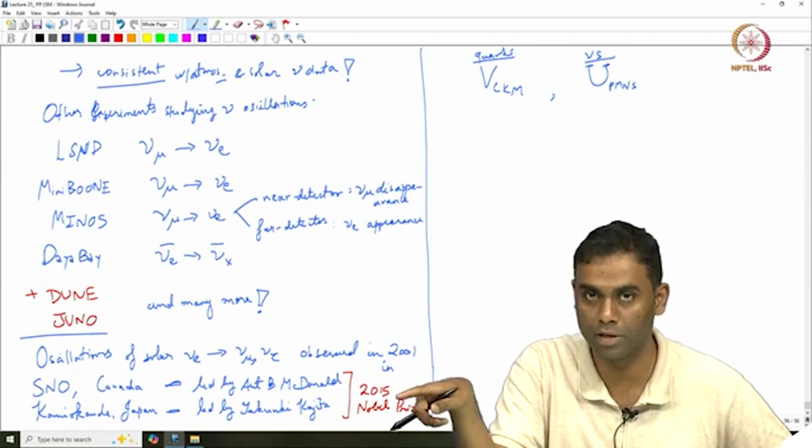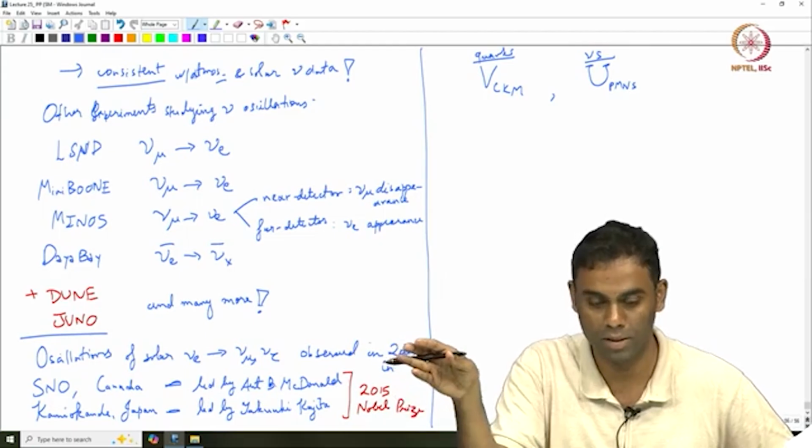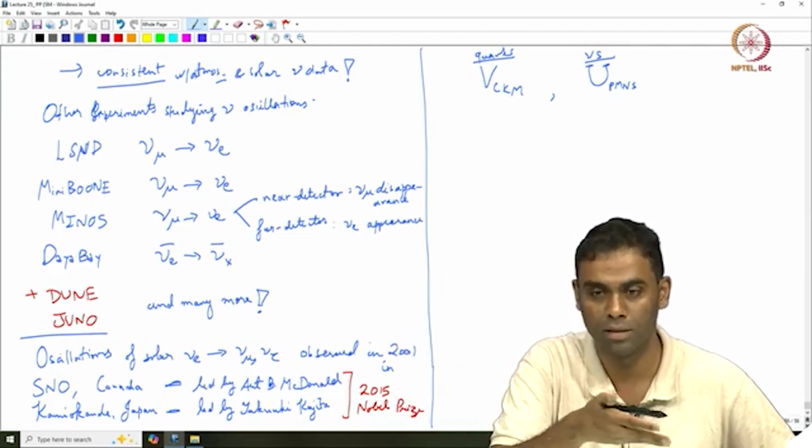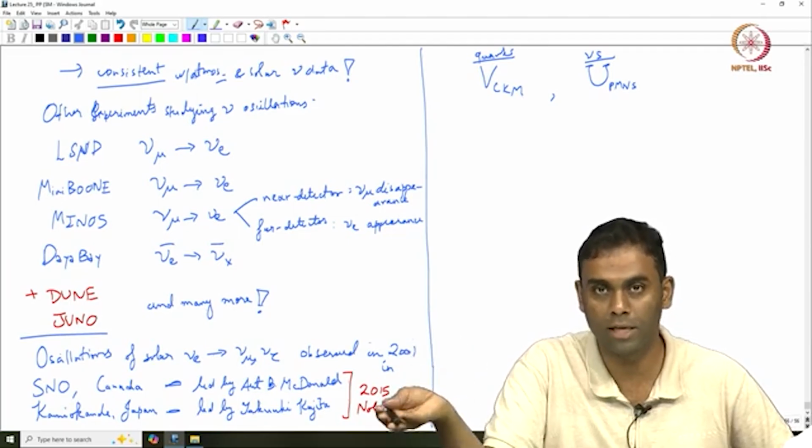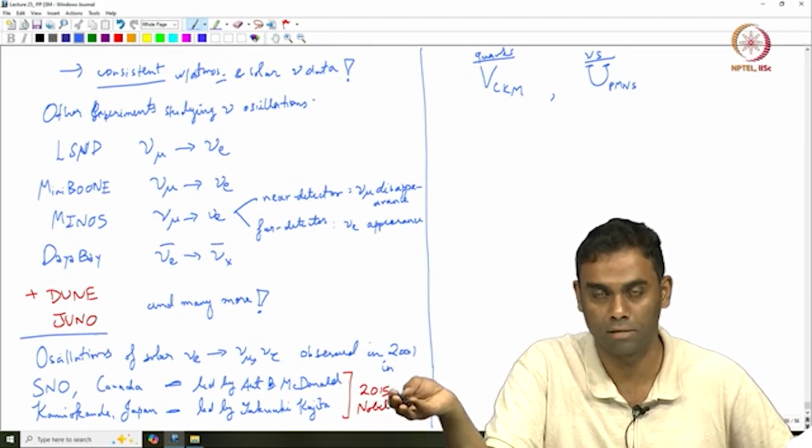That is what we call the PMNS matrix, because in neutrinos we only handle the flavor. It is so hard to measure the mass, so no use making use of the mass eigenstates in a practical setting.